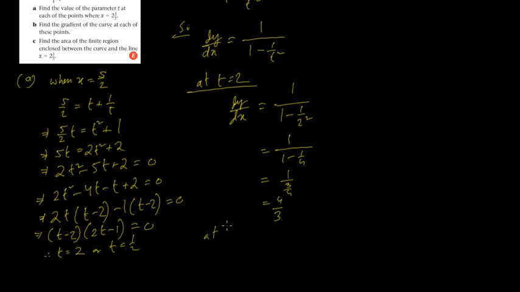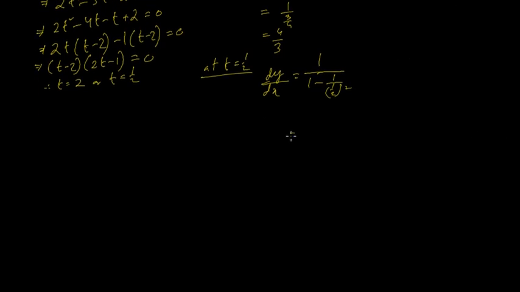At t equals half we get dy by dx equals 1 by 1 minus 1 by t squared, that is 1 by 1 minus 1 by half squared. That means 1 by 1 minus 1 by 1 by 4. 1 by 1 by 4 is a reciprocal, it will be 4, so this will be 1 by minus 3. So at t equals half the gradient is minus 1 by 3.